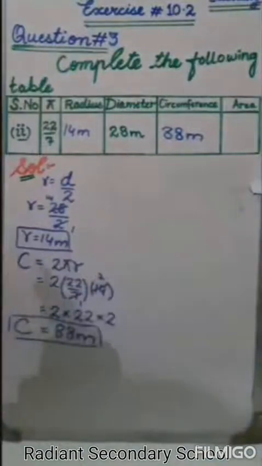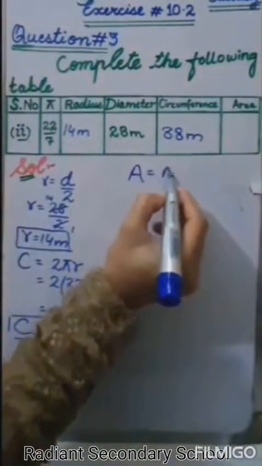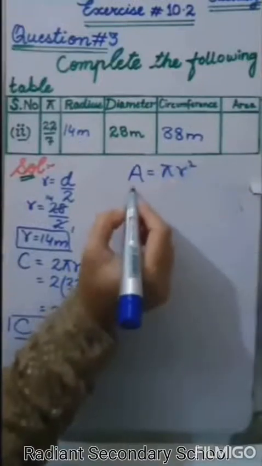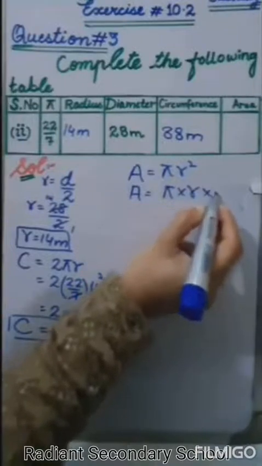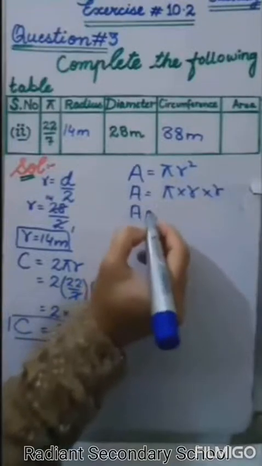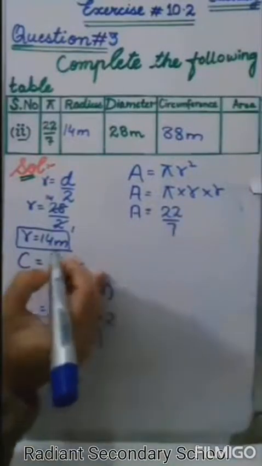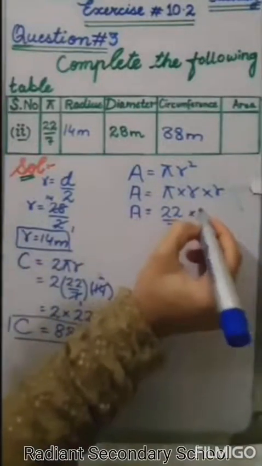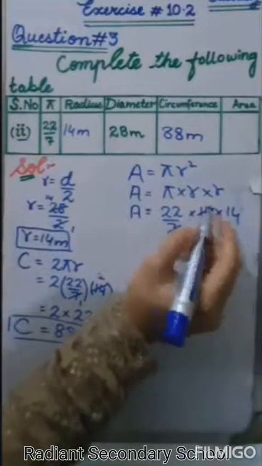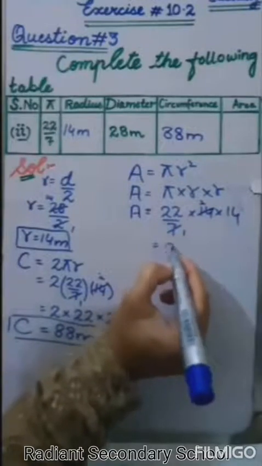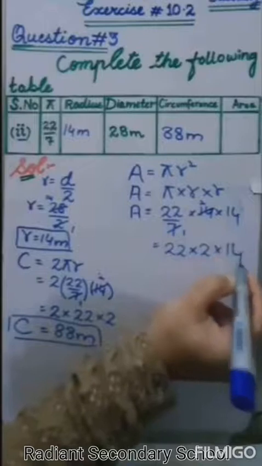Now last thing is area. We have to find it. Formula of area is equal to pi r square. A is equal to pi multiply by r multiply by r. A is equal to pi is 22 by 7. R radius is 14. Again 14. Now 7 ones are 7. 7 twos are 14. Remaining is 22 multiply by 2 multiply by 14.